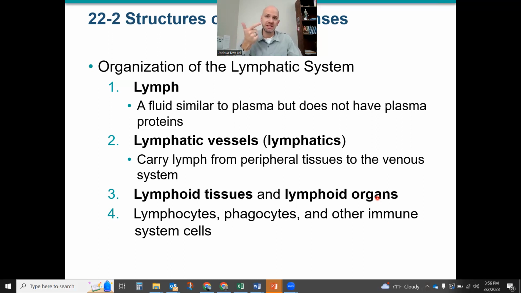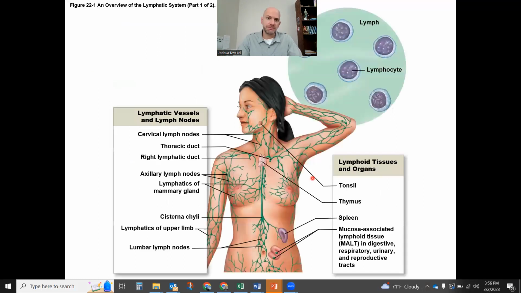So these lymphocytes need to do their job. They're born somewhere. Think about the bone marrow and the thymus. And then they're stored in places like the lymph nodes, the spleen, and other lymphoid tissues like MALTs, mucosa-associated lymphoid tissues.